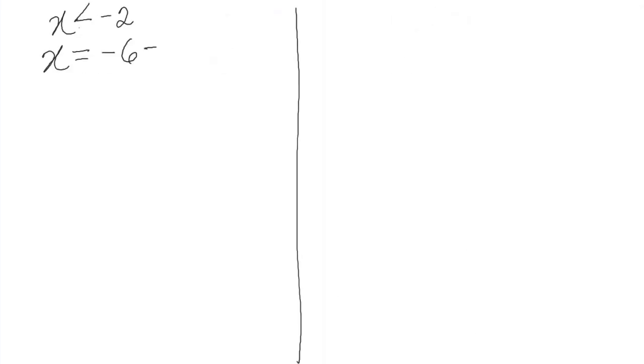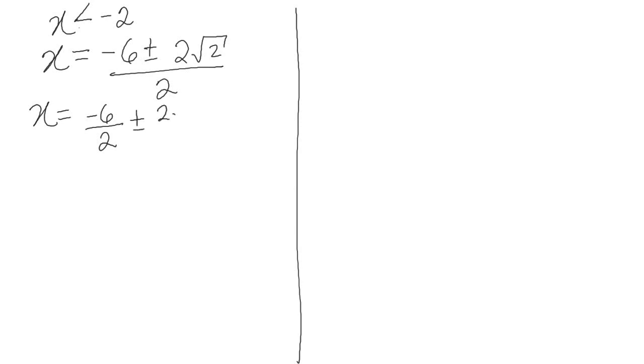So x equals... 2 root 2, all of that divided by 2. So that would be x equals -6 over 2 plus or minus 2 root 2 over 2. So you have this and this and this and this.